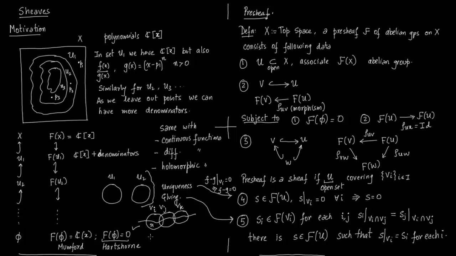So this is Si on Vi, Sj on Vj and Sk on Vk. And on the intersections it agrees. So you can write a global section S by gluing them together at the intersections, and obviously when S is restricted to Vi, you get Si.